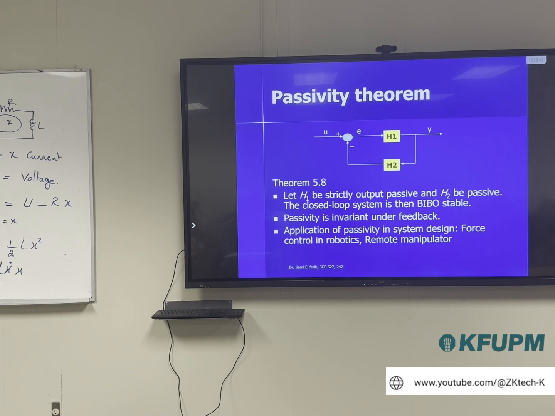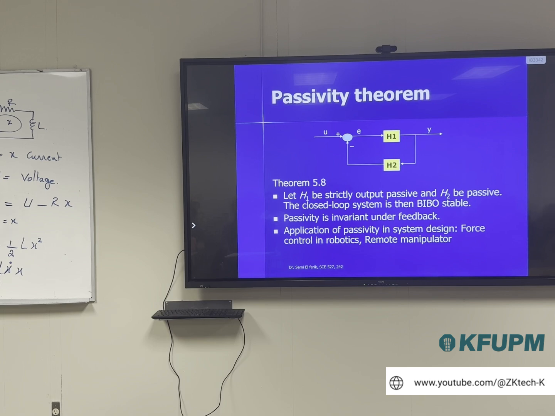If you have systems H1 and H2, for example, and some properties are not necessarily respected here, the system could still be stable. Sufficient but not necessary. We are just limiting the focus to one particular type of system.